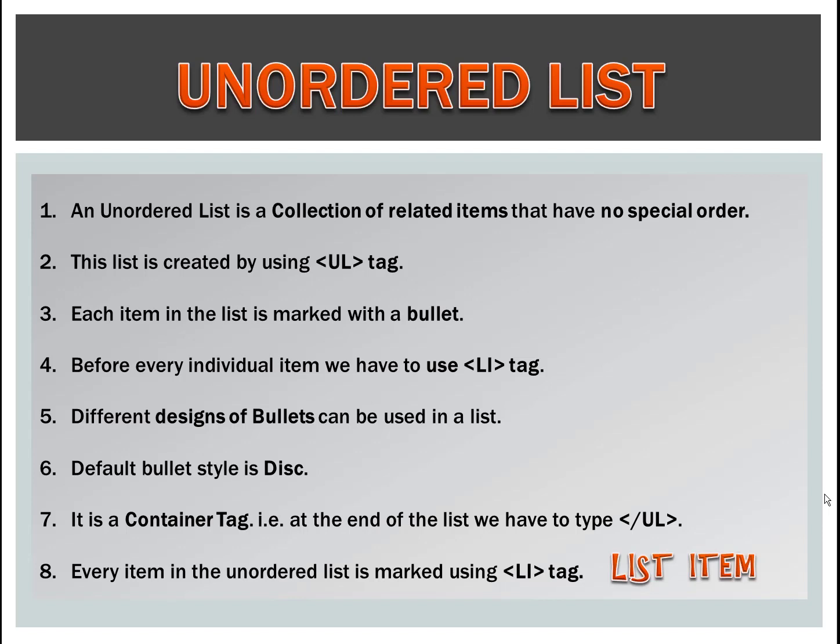Different designs of bullets can be used in a list. The default bullet style is disc. It is a container tag, that is, at the end of the list we have to type /UL. Every item in the unordered list is marked using the LI tag.